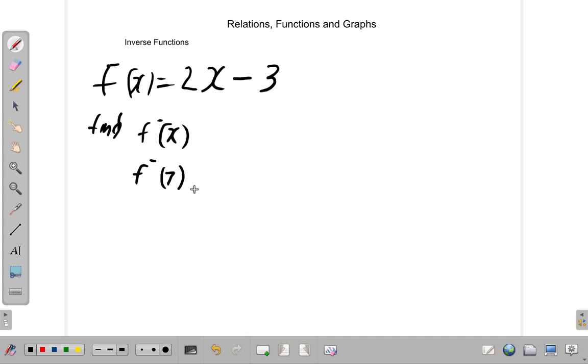Alright, you paused the video and you found f inverse of x and f inverse of 7. Now, what did you get for f inverse of x? Let's go through the working and see what you got. F inverse of x. Remember the steps?